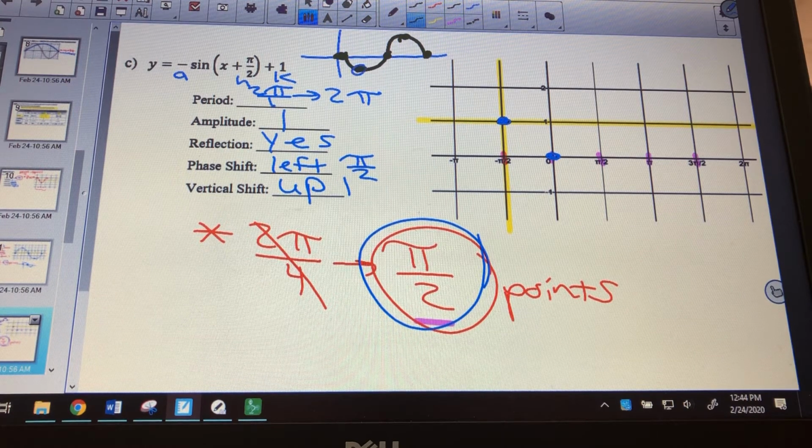So that was this point. Now I need to work my way back up. So now pi over 2 units over, I should be back on the midline. Pi over 2 units over, I should be above the midline 1 unit. And then you should always end where you start. Like that. Good?